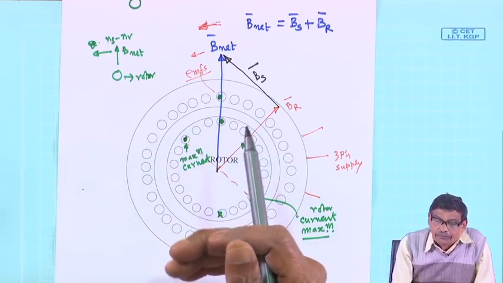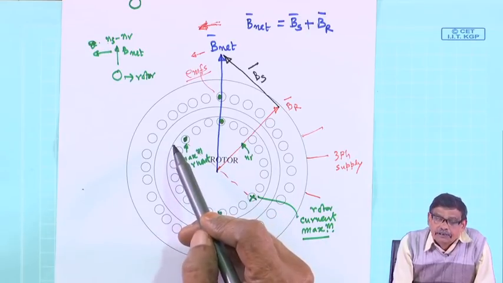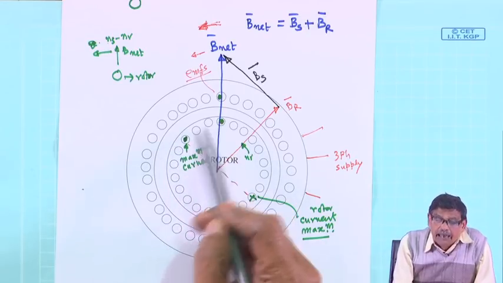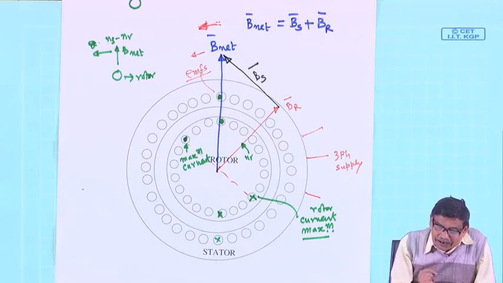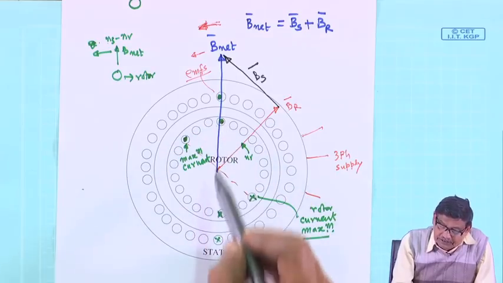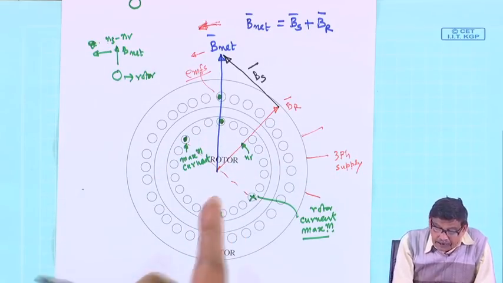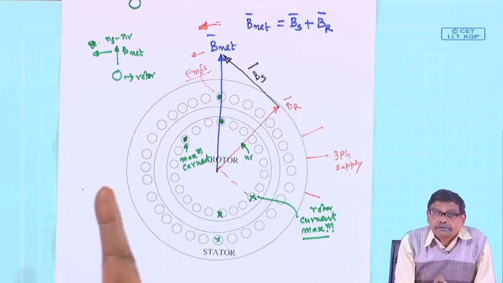So, this particular conductor will have maximum current when it has also moved. If you allow some time to elapse, this conductor must have moved to the left, and at that time it will have the maximum current. But suppose I ask you, this conductor is having maximum voltage, not maximum current. Can you tell me which conductor then is having maximum current?